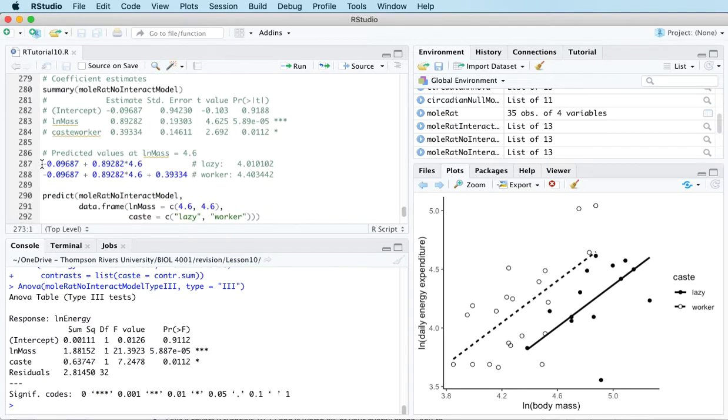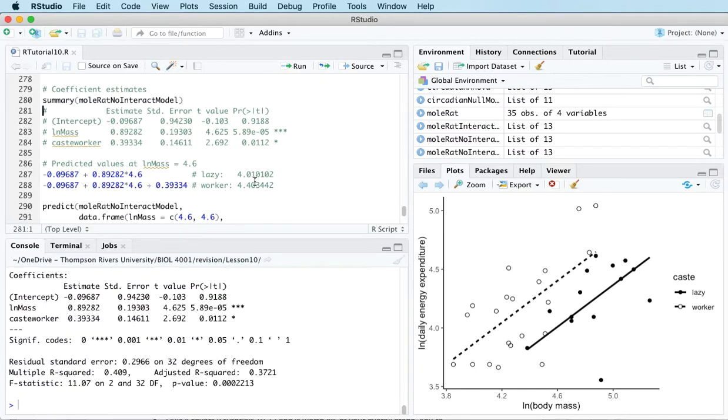So we can do the calculation by hand. If I get the summary of the no interaction model, these are my parameter estimates, and I can use those to get a prediction for the lazy workers. Again, we have to think about what the reference level is here. The reference level is whatever's left out, so the reference level must be the lazy mole rats, the layabouts.